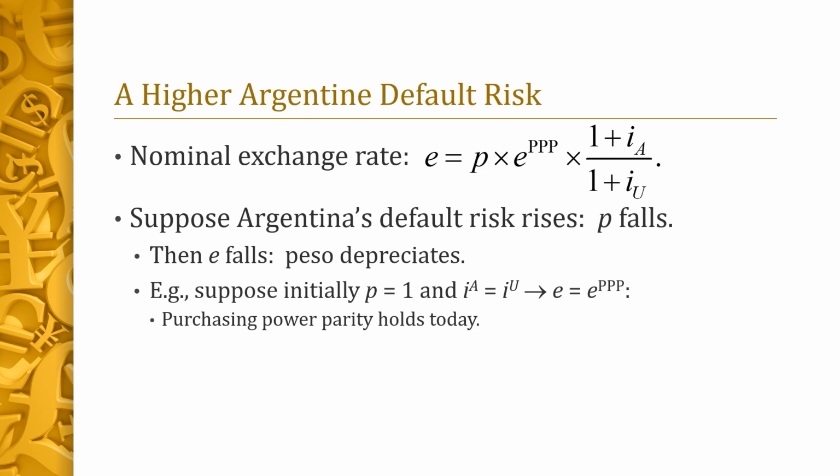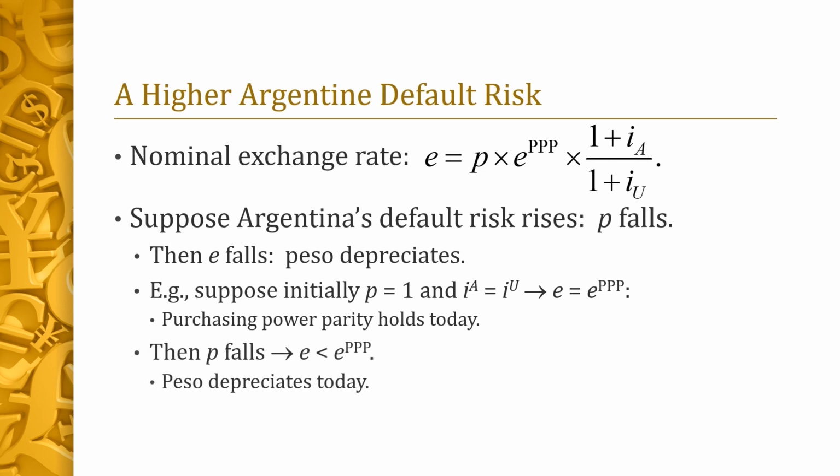That is, the risk that the Argentine government may default is nowhere on investors' radar. Suppose also that the interest rates in the two countries are equal. IA equals IU. Then, by the formula, the nominal exchange rate E must equal EPPP.